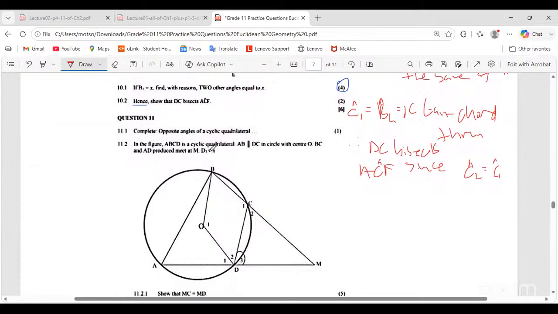Question 11. 11.1 requires us to complete this statement. They say, opposite angles of a cyclic quad. Oh, we've been talking about this theorem a lot. Now, opposite angles of a cyclic quad are supplementary.